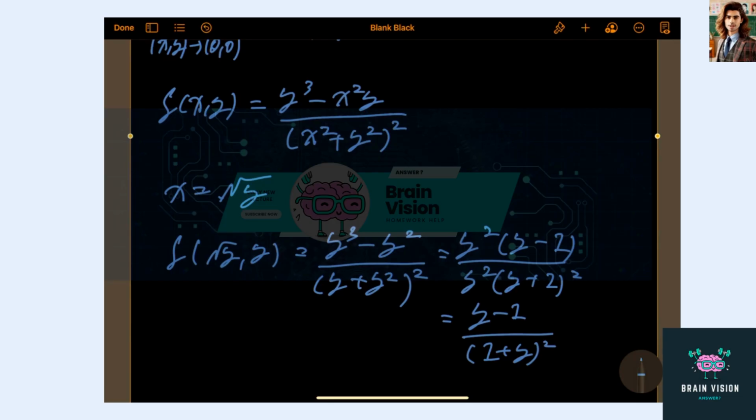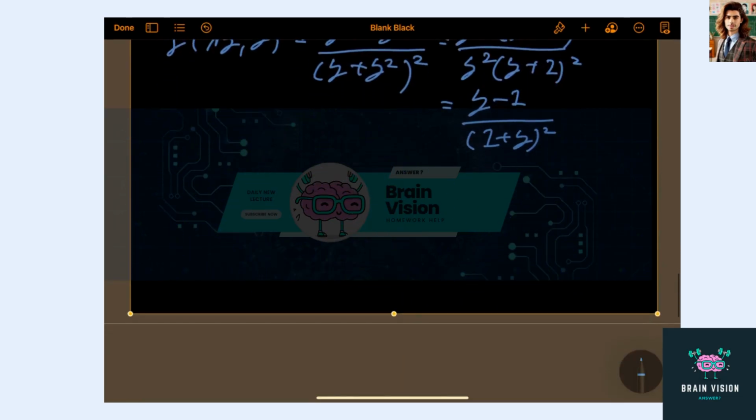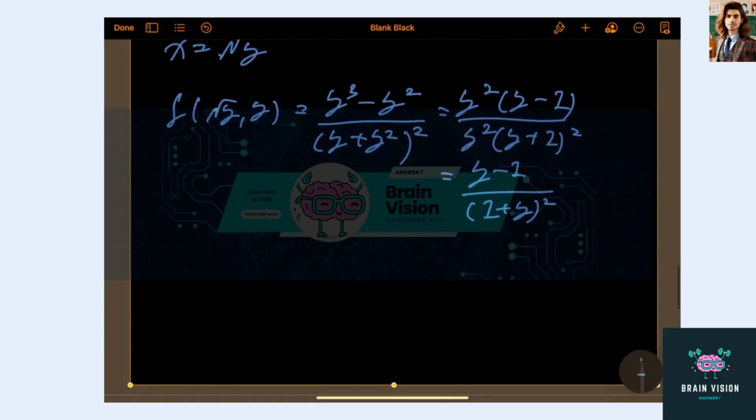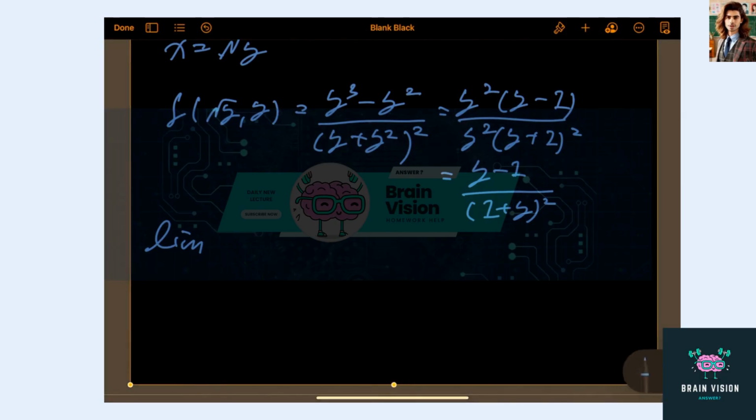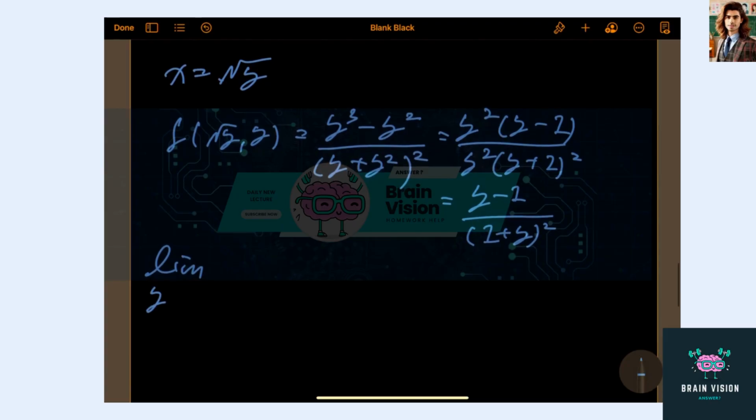Okay, so I am going to take the limit of g of xy. We just took the path x equal to square root y, so we just need the limit as y approaches 0 of y minus 1 over 1 plus y squared. Now that equals negative 1.